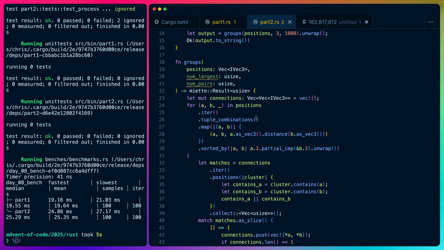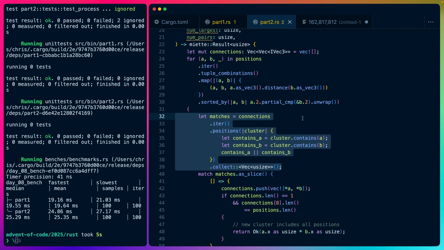I do think doing the tuple combinations is fine. Calculating the distances is fine. Rust iterators are lazy. So unfortunately, we do have to do this sorted by, which collects all of them, which means that we're basically allocating a giant vec up front. And then we have the issue of each index could theoretically be in up to 2 groups.